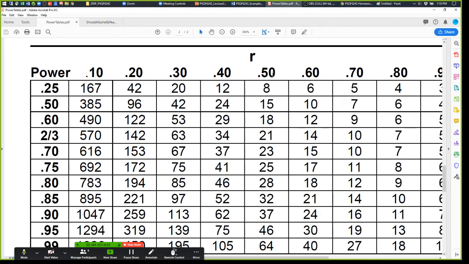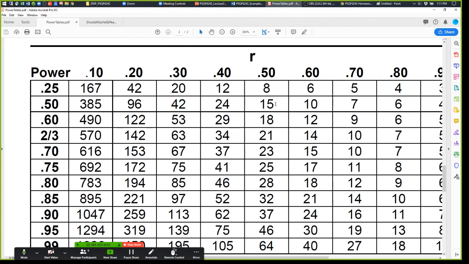So let's say that we're willing to power up for a correlation of 0.5. That's what I expect to find. I want to know how many people I need. Well, if I have 8 people, then I have 25% power of finding it. If I did the same study of 8 people over and over and over again, the correlation estimate would be significant only 25% of the time.